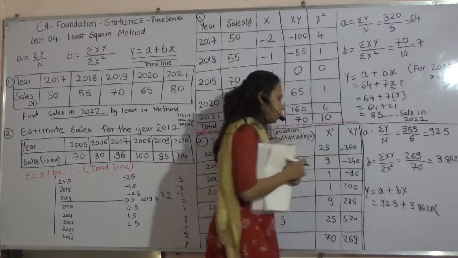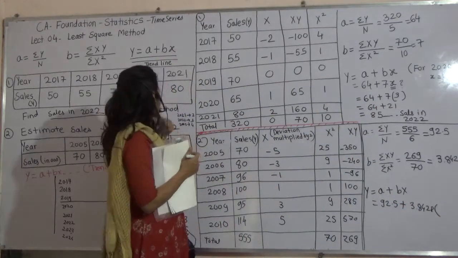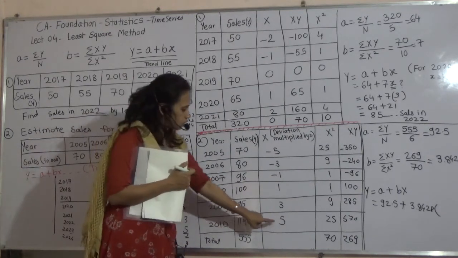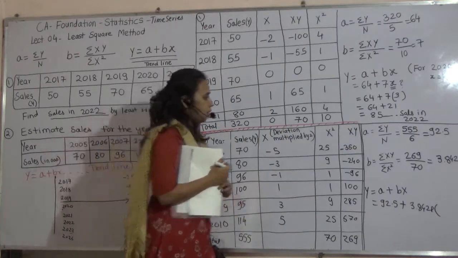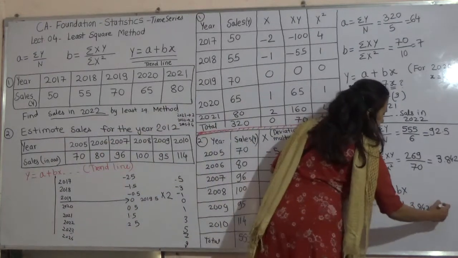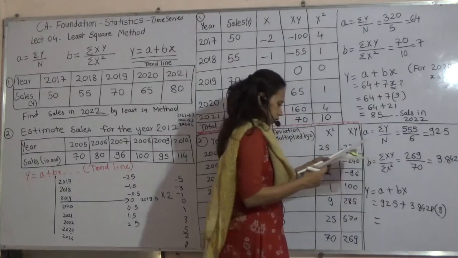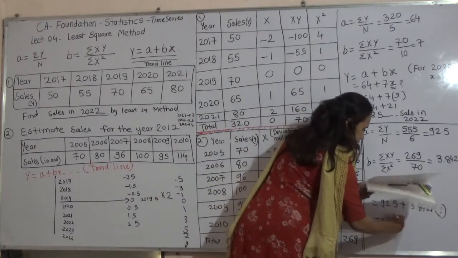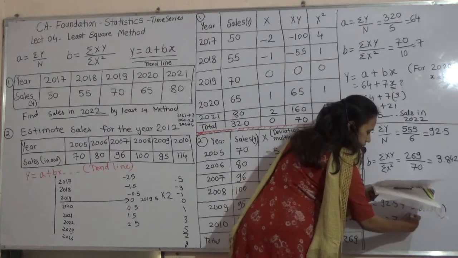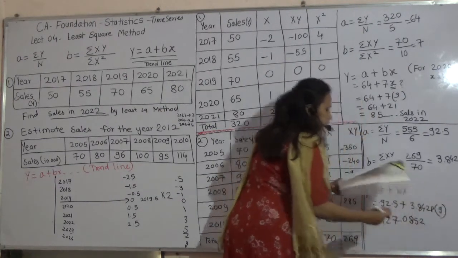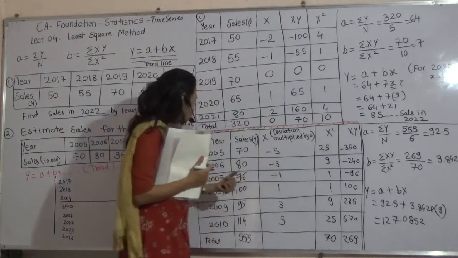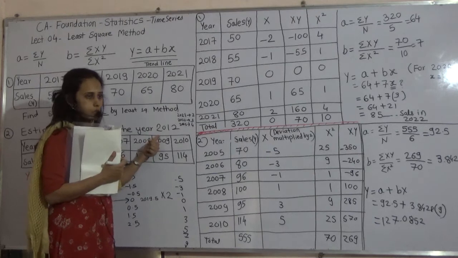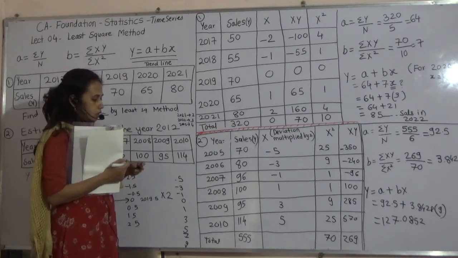Now what is x? X for 2012. So 2011 7, 2012 9. So it will come 9. So your answer will come, final answer 127.0852. That is figure, that is cells of year 2012 by least square method.